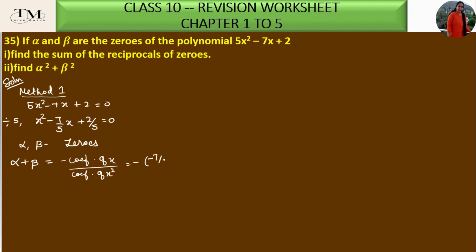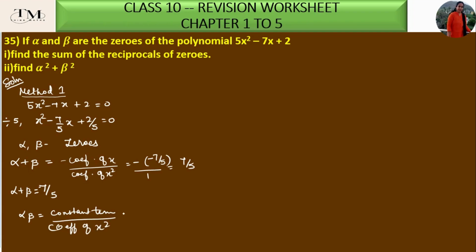Minus 7 by 5. The coefficient of x square is 1. So minus into minus is plus, so it is 7 by 5. Alpha plus beta is equal to 7 by 5. What is alpha beta? The product of the roots is equal to the constant term divided by the coefficient of x square.